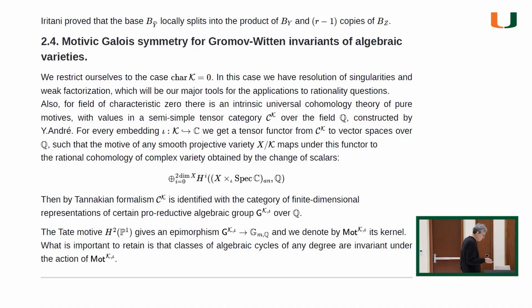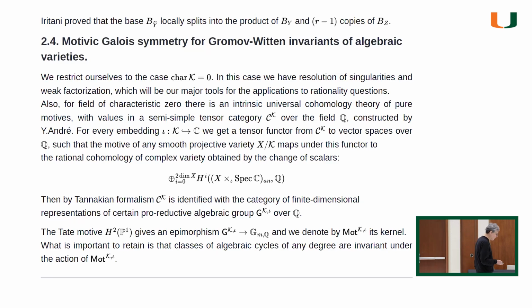Now, I told you that in algebraic geometry you can start with varieties over an arbitrary field, of any characteristic, but in positive characteristic there are some problems. First, at least for application to rationality questions, we need resolution of singularities, which is not yet proven. But another problem is that the theory of motives is a bit hypothetical in positive characteristic. So at least for proving theorems, it's not useful. But in characteristic zero, everything is fine.